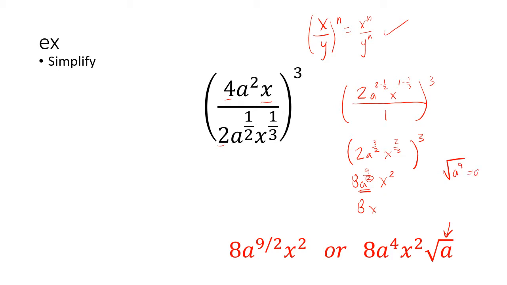So this would be a to the 4th times the square root of a. So then it would be 8x. So you can write this as 8 times x times a to the 4th times the square root of a, or you can switch the location of those two things. So that is how you would do a problem like that.